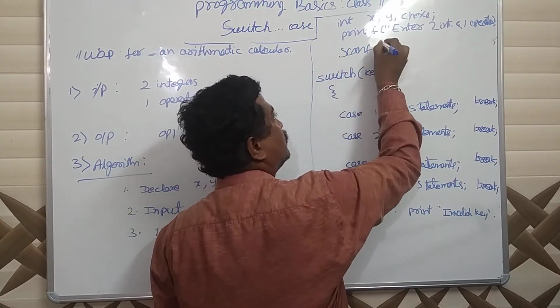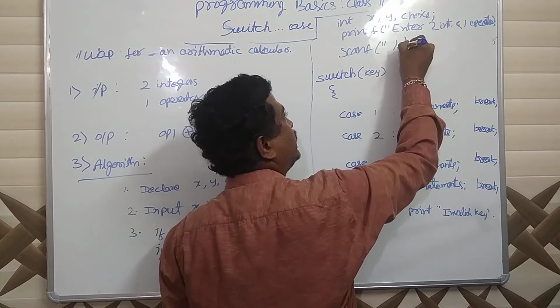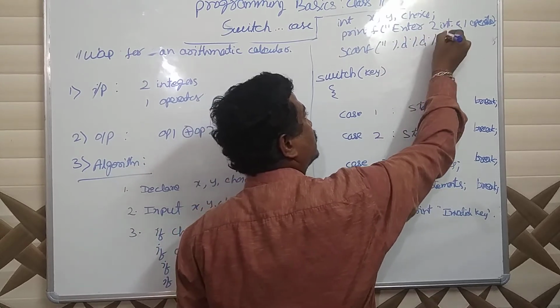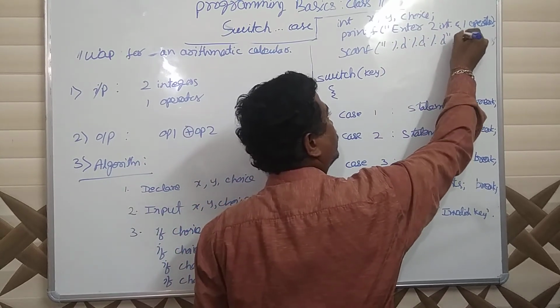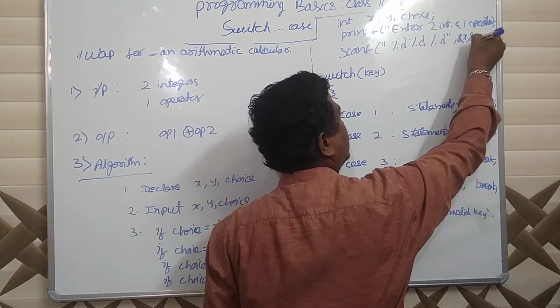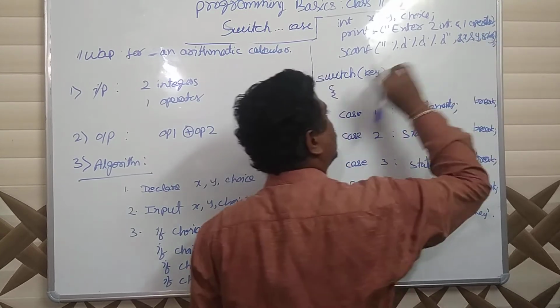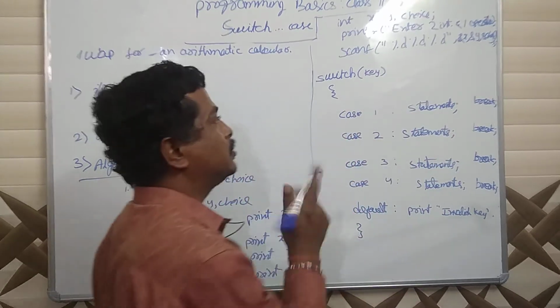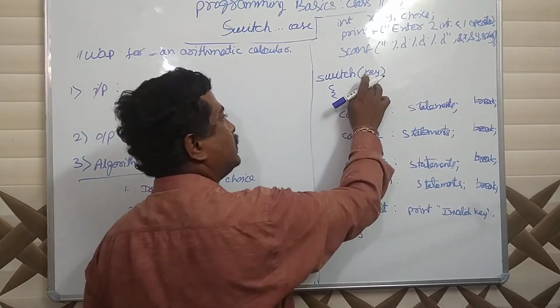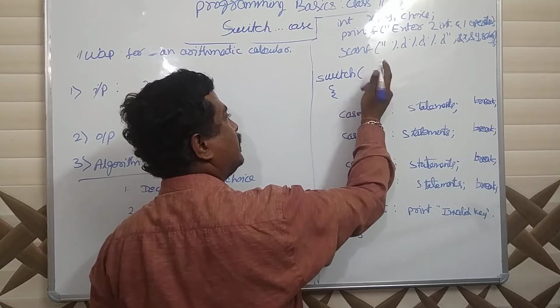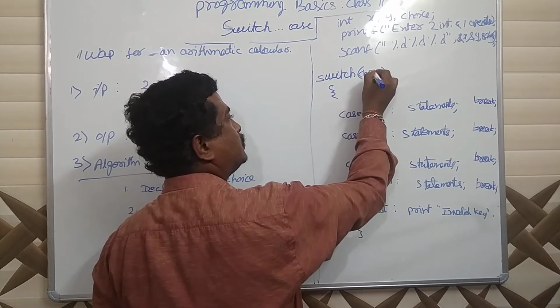Then scanf with %d, %d, %d, for x, y, choice, semicolon. So you have entered x, y and choice. Choice is the key. Here in place of key, the variable name is choice.